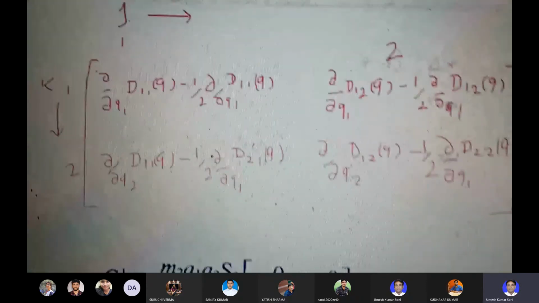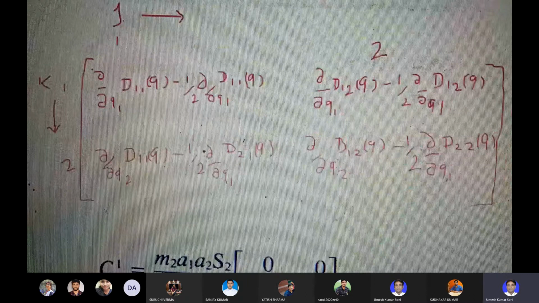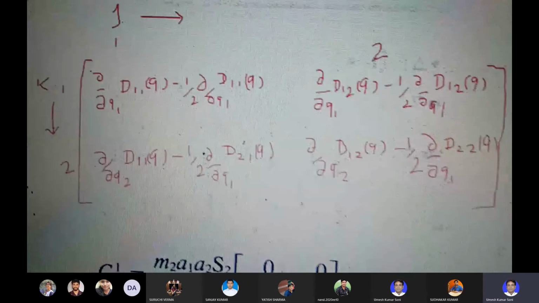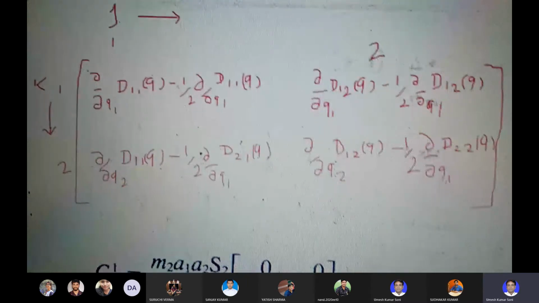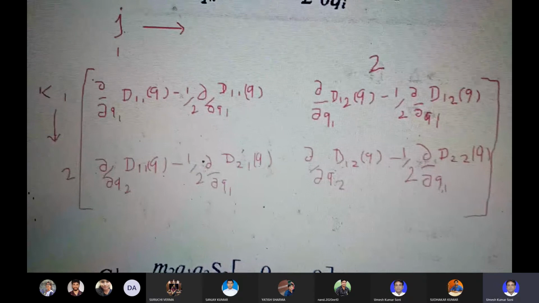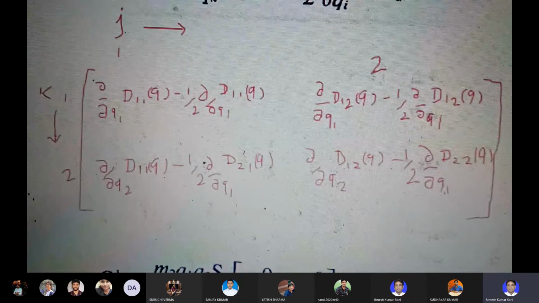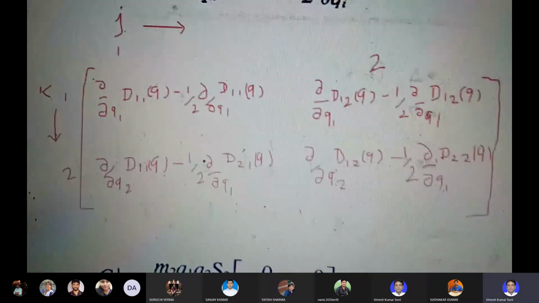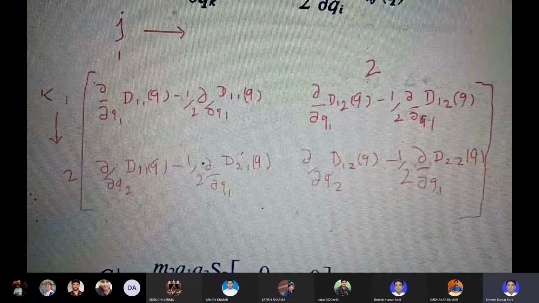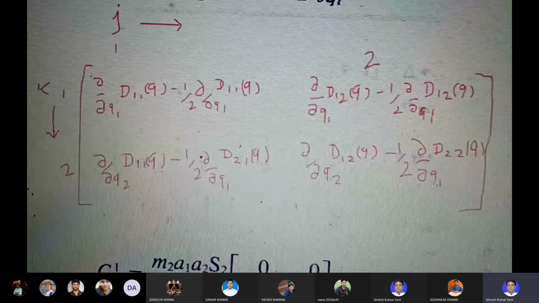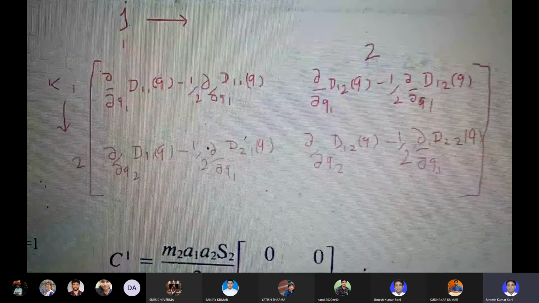Once you have calculated the d cube and you have a 2 by 2 order matrix, then you have d11, d12, d22 and d21, all these 4 elements. Then, using those elements, you determine the equation for C1.